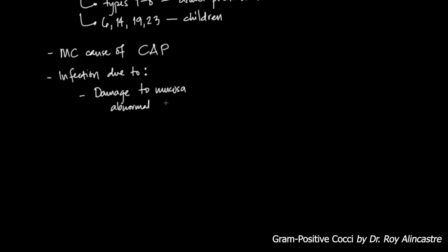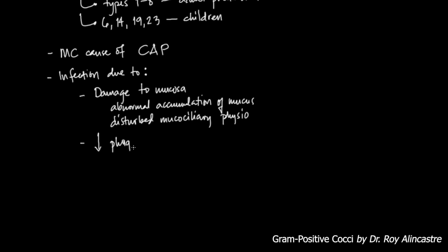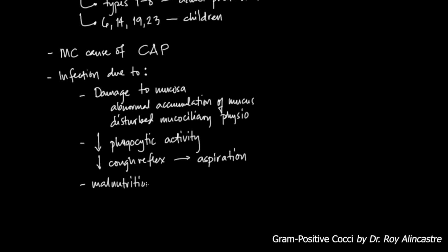Causing abnormal accumulation of mucus or disturbance in the mucociliary physiology, or also depression of phagocytic activity in the area, and depression of the cough reflex due to alcohol or drug intoxication. So this can cause aspiration of foreign material. Okay, and also malnutrition.